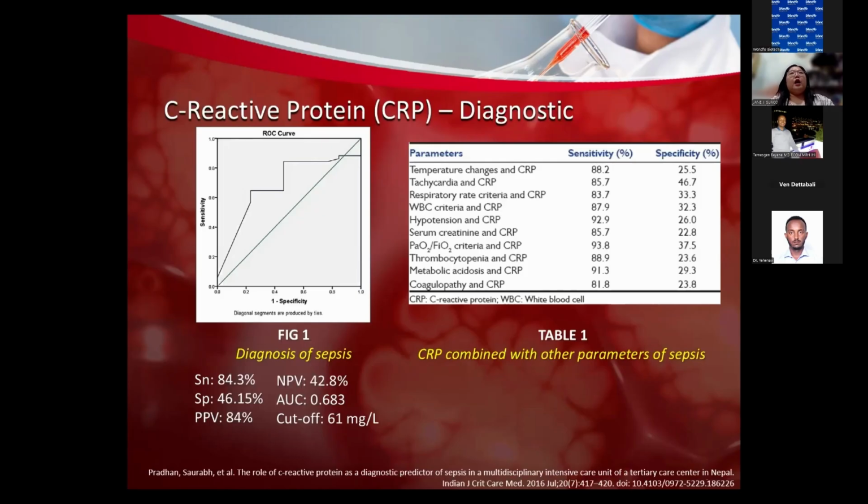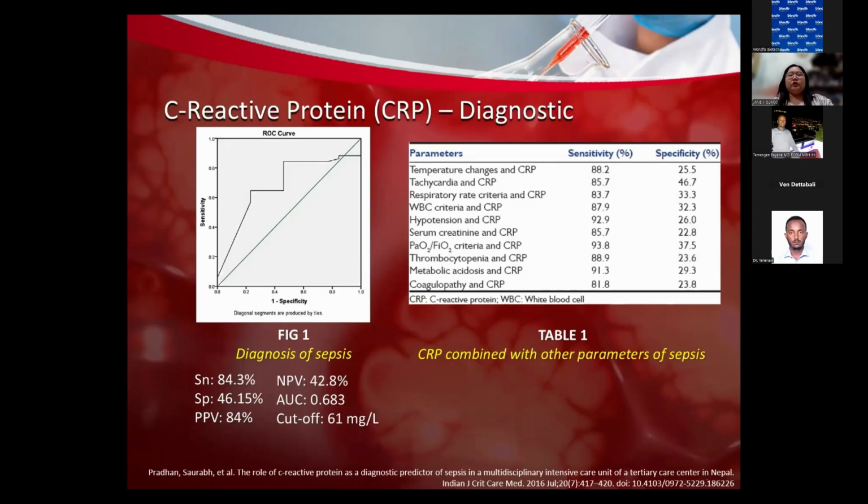However, with the low specificity, if it is positive, we may or may not have the confidence to say that the patient has the disease. This means that we still need to correlate clinically for the patient. So the diagnostic accuracy was also tested when CRP was combined with other parameters of sepsis, as shown in Figure 1.